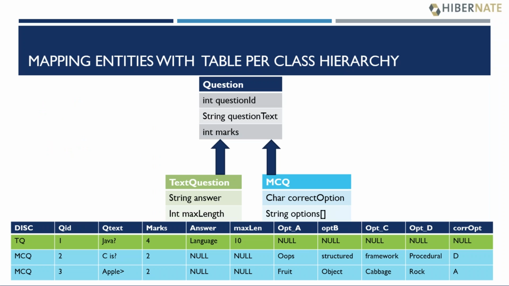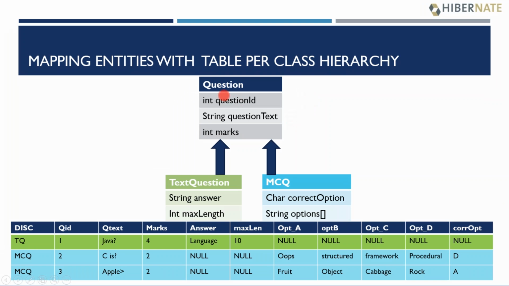Then we have table per class hierarchy. Now, in inheritance, as we have said, we don't have the concept of polymorphism, inheritance, abstraction and all these concepts in RDBMS, but we have them in our object model.